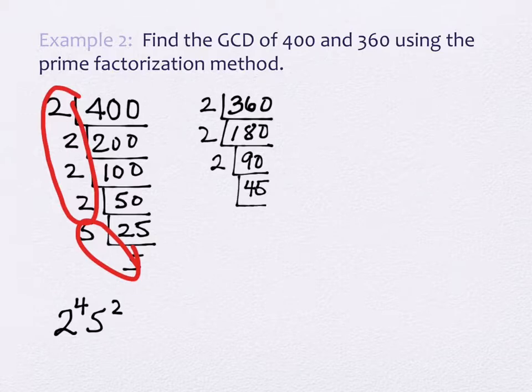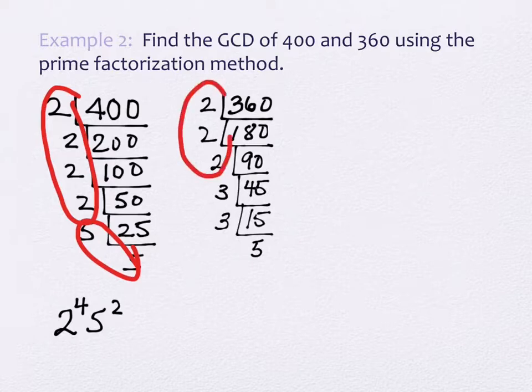Does it divide by 3? Yes. How did you know? 4 plus 5 is 9, and 9 divides by 3. Good job. 45 divided by 3 then is 15. Does 15 divide by 3? Again, yep, to give me 5.